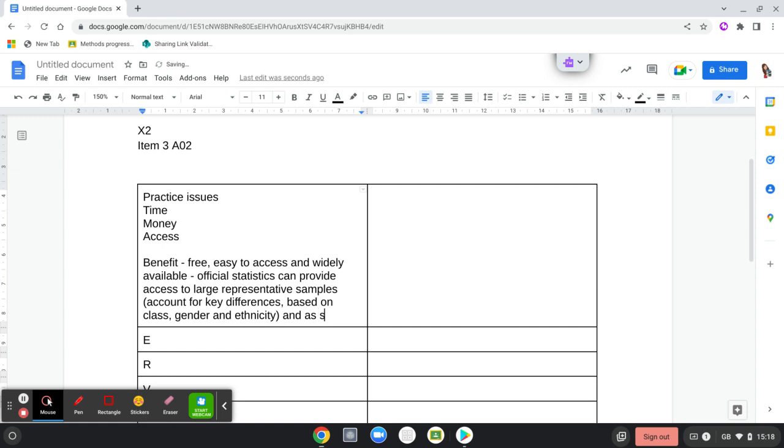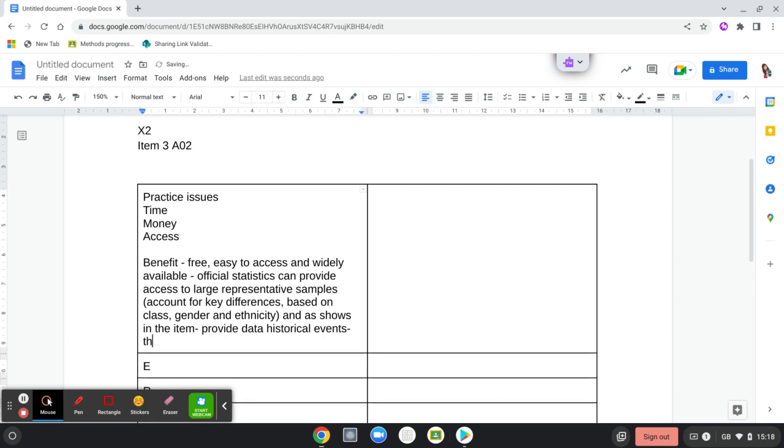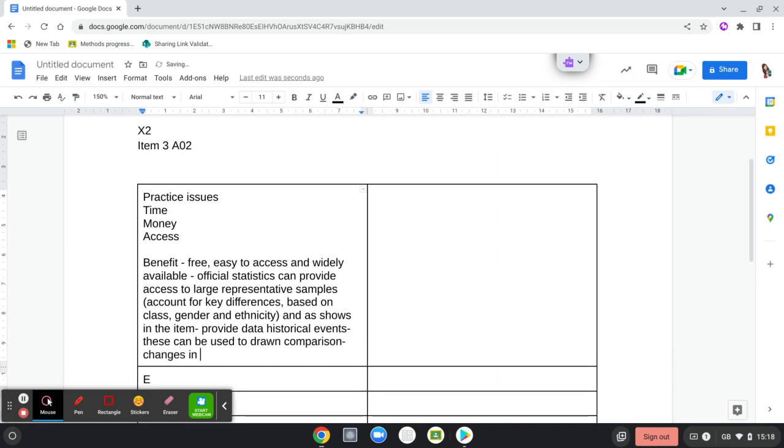And, as shown in the item, they can provide data on historical events, and these can be used to draw comparisons and again see changes in any patterns or trends.